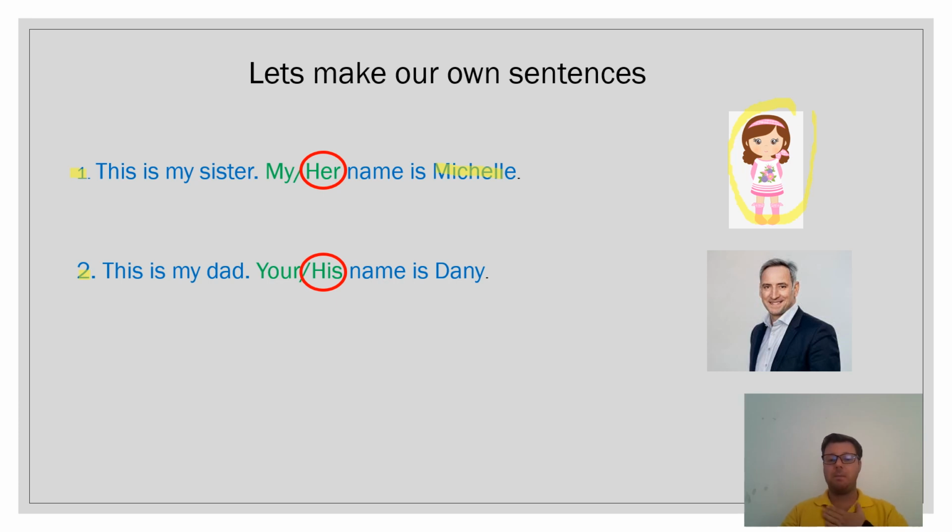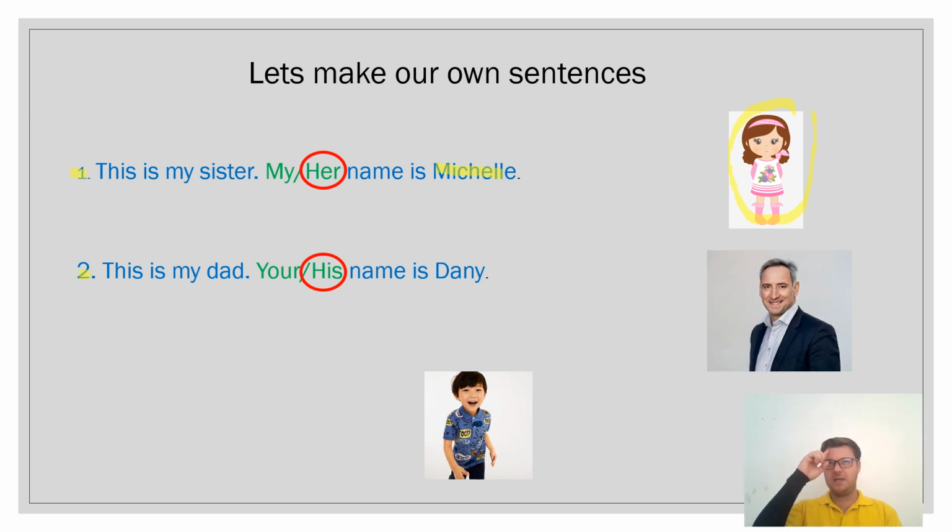This is my dad. His name is Danny. One more example. What can we see? We can see a boy. Immediately remember a boy, pronoun, he, possessive adjective, his.